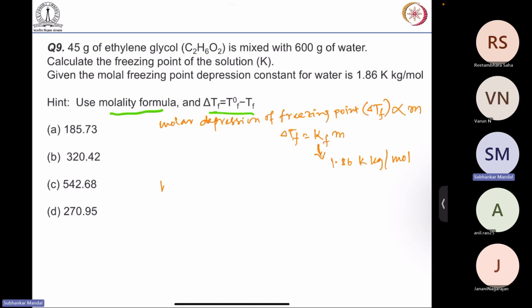So what is molality? They have written to use the molality formula. What is molality? Can anyone tell?